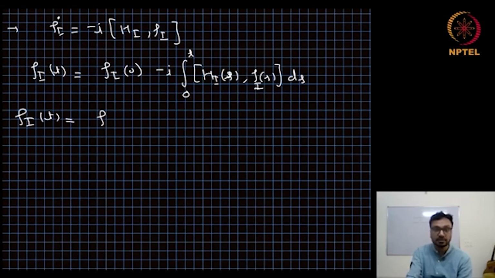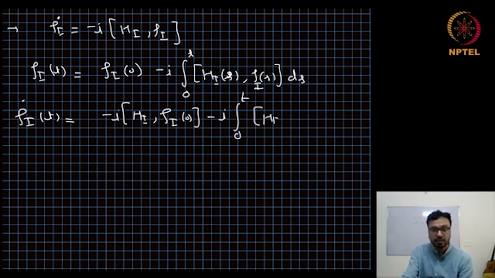So ρ_I(t) becomes ρ_I(0), ρ_I dot again becomes -i [H_I, ρ_I(0)] minus i integral from 0 to t of [H_I(t), [H_I(s), ρ(s)]] ds.